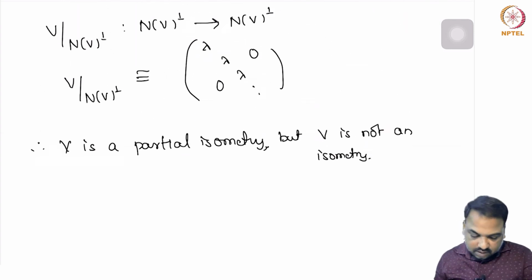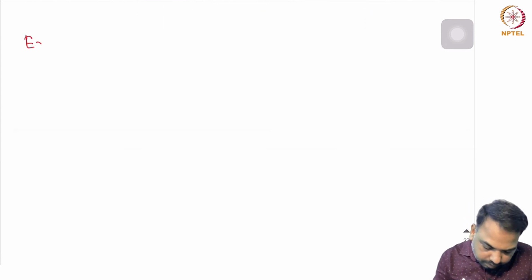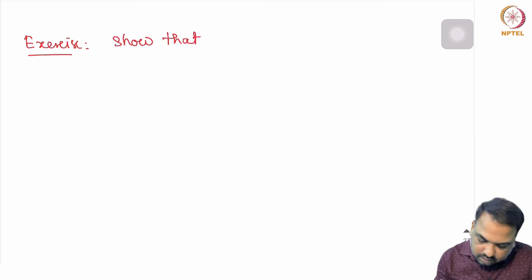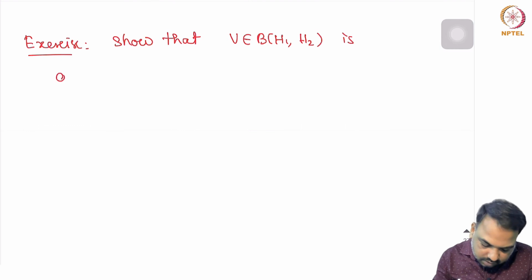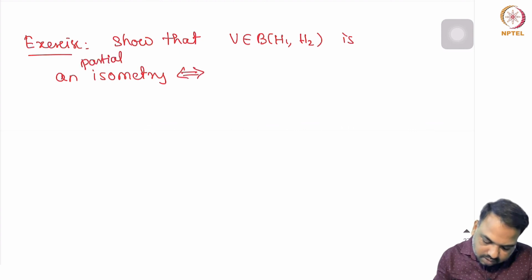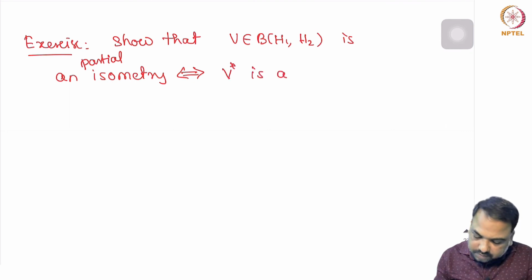But surprisingly here we can easily show that V in B of H1, H2 is a partial isometry if and only if V star is also a partial isometry.